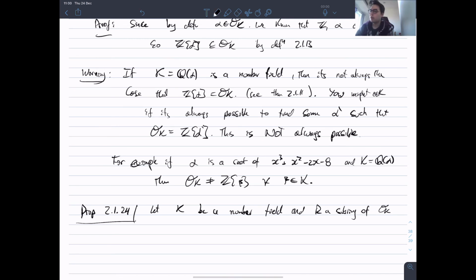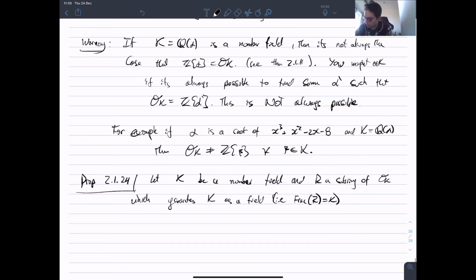Some subring of O_K, which generates K as a field, i.e., the field of fractions, Frac R, equals K. By Frac I mean the field of fractions. So if I have some subring whose field of fractions is again K, let's assume that we're in this situation.